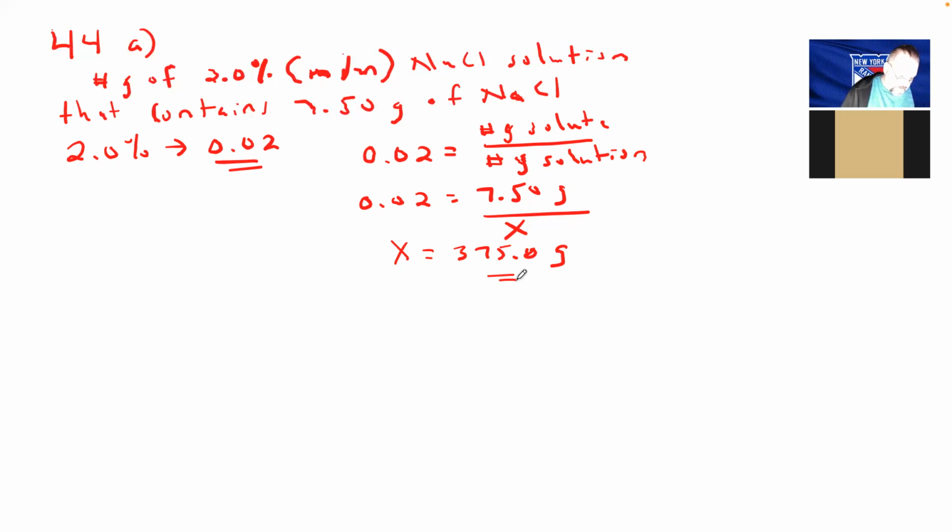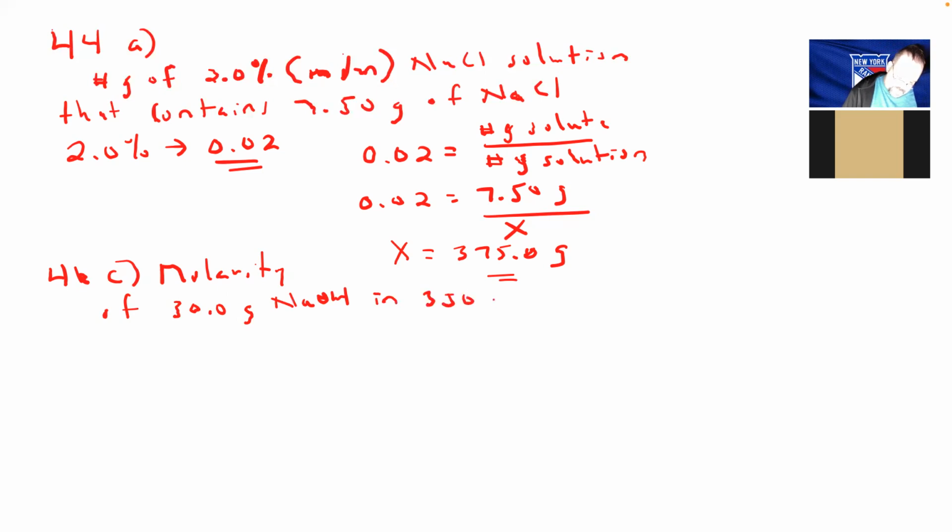All right. Let's take a look at 46C, because there's a couple things with this one that we should talk about. And here in 46C, they want to know the molarity of a solution where you have 30 grams of sodium hydroxide in 350 milliliters of a sodium hydroxide solution.